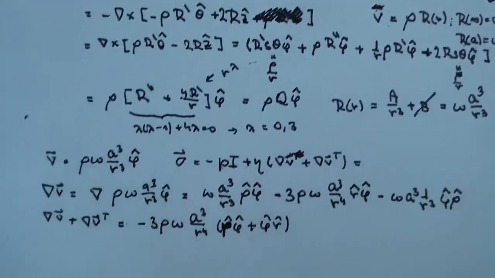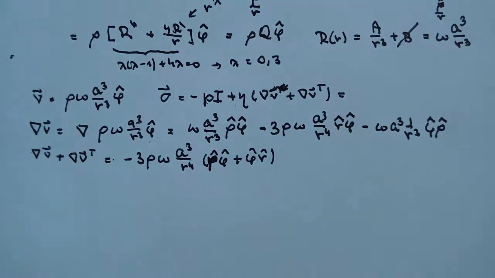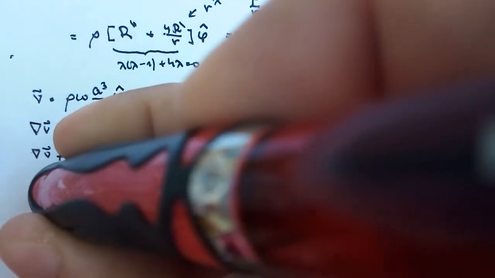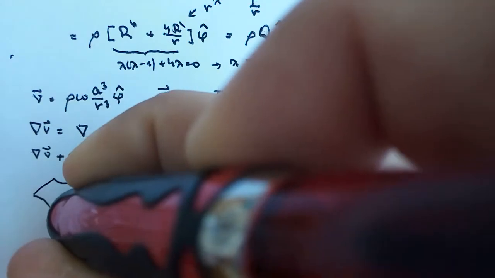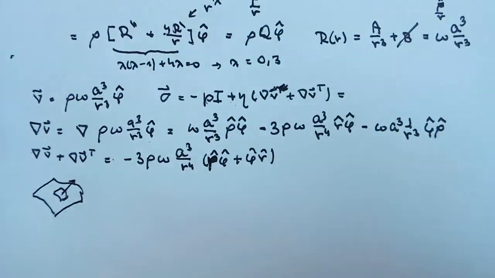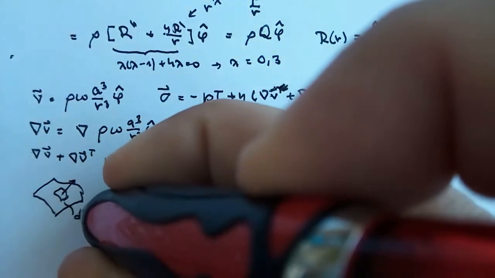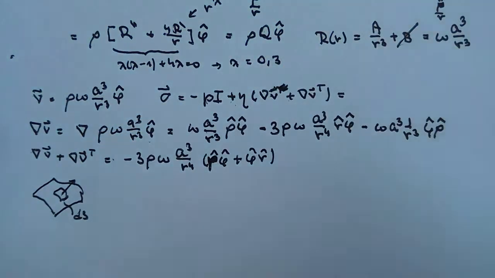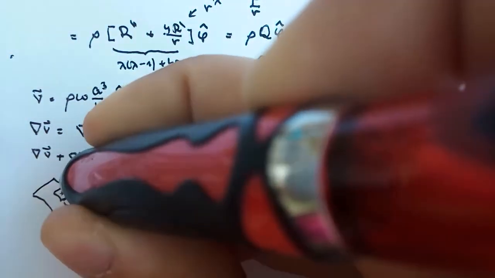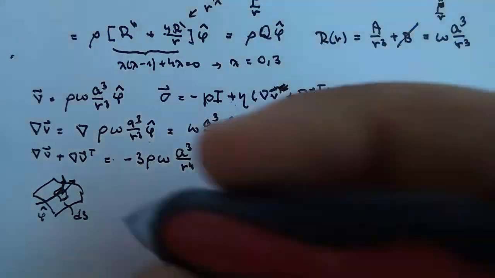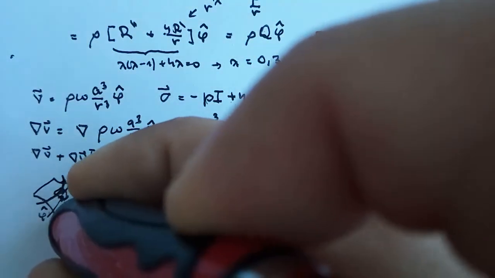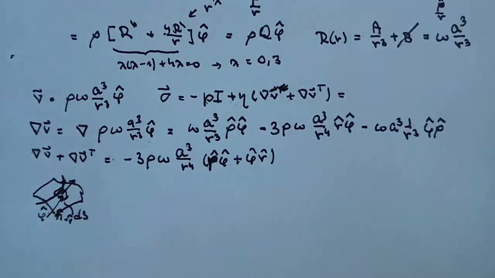Yeah, that's the relation. Next we have to compute the moment by integrating it along the surface of the sphere. If you imagine a small portion of a sphere, there is a little force acting on this little surface with the surface area ds, and we have to take only the direction in phi hat, and the normal vector to the sphere is r hat.